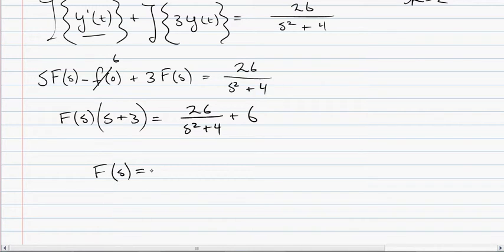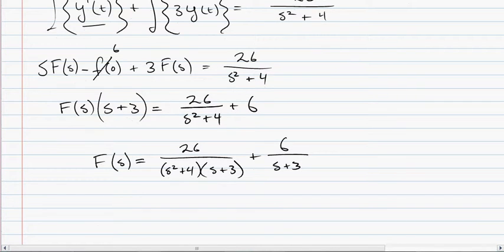And we get F of s is equal to 26 over s squared plus 4 times s plus 3 plus 6 over s plus 3, which is going to be equal to 6s squared plus 50 over s plus 3 and s squared plus 4.